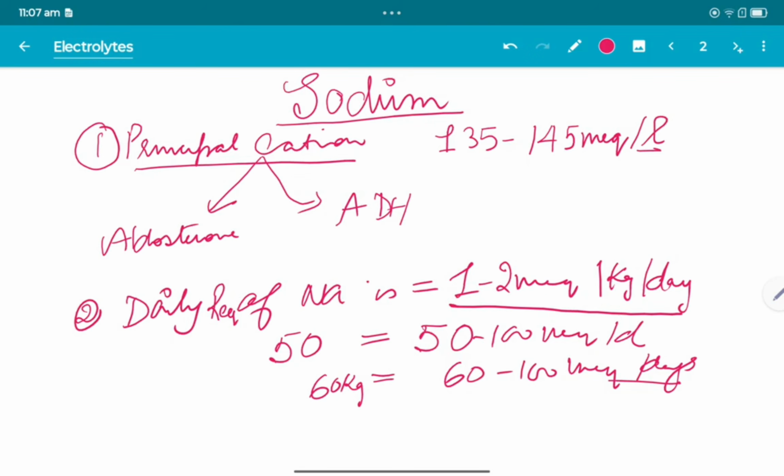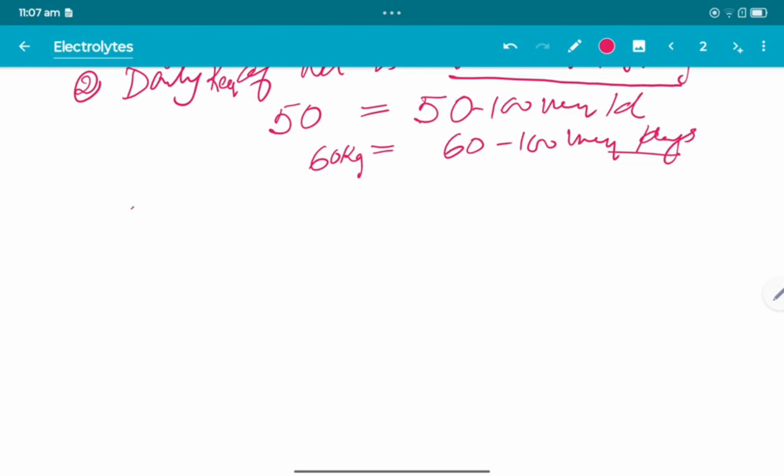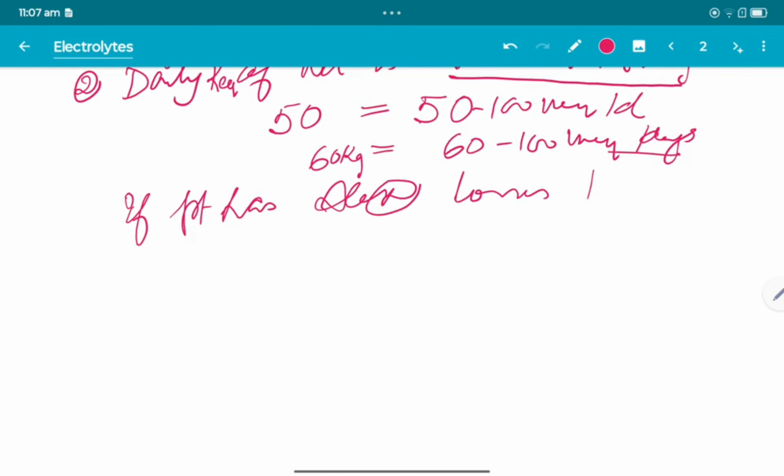But the requirement increases if the patient has abnormal losses. Now, how can abnormal losses occur?